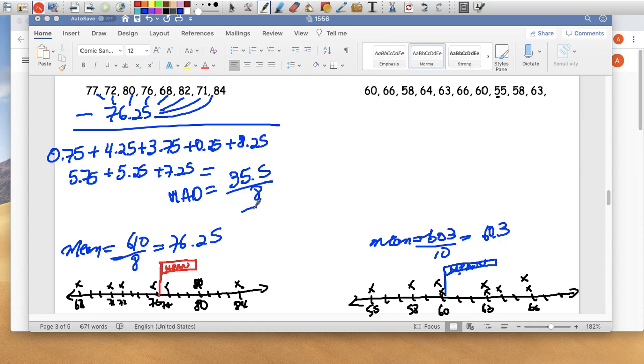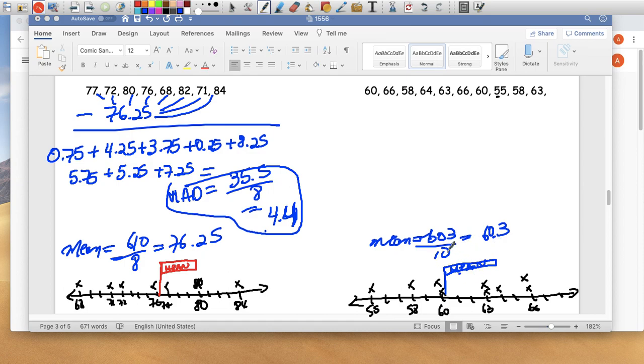And if we divide 35.5 by 8, we get 4 point, and I'm going to round this, 4.4. So the MAD is 4.4. So the average distance that these guys are away from the red flag is about 4.4 units.